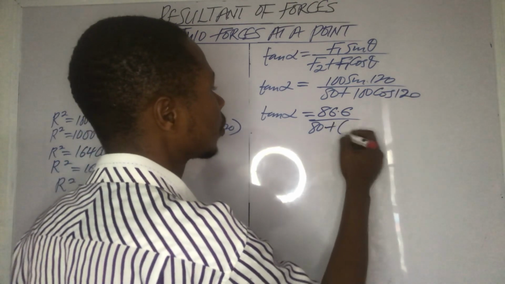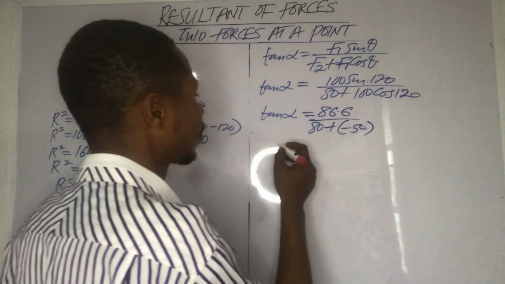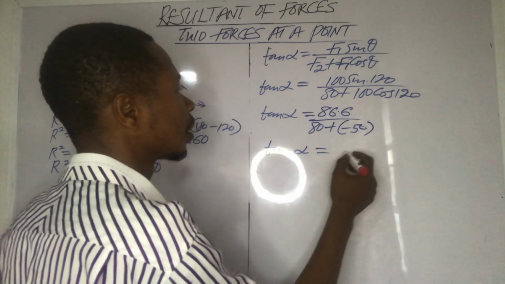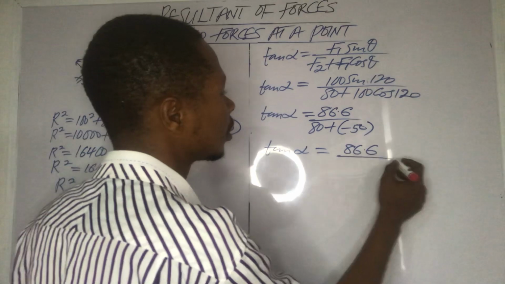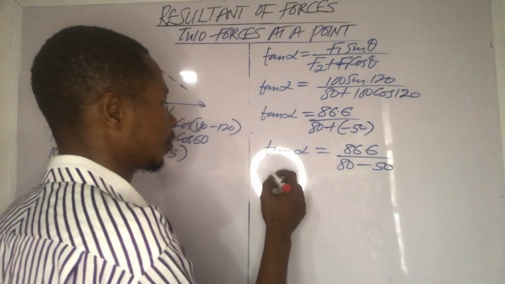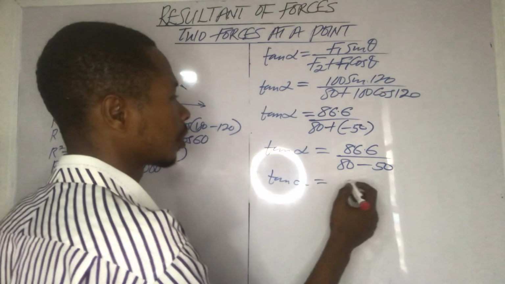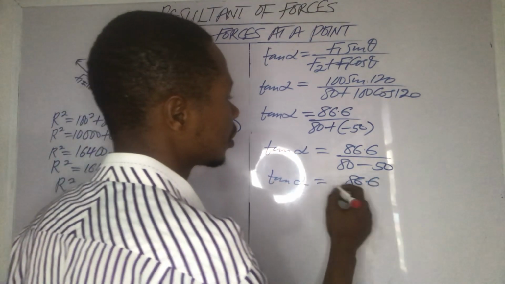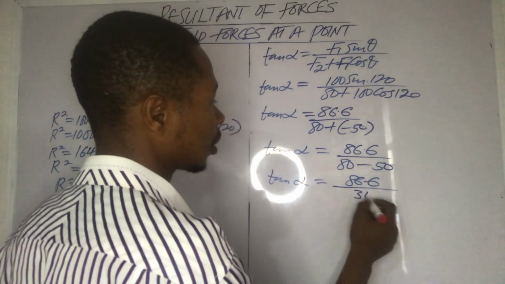So you have tan alpha is equal to 86.6 over 80 minus 50, so 86.6 over 30.